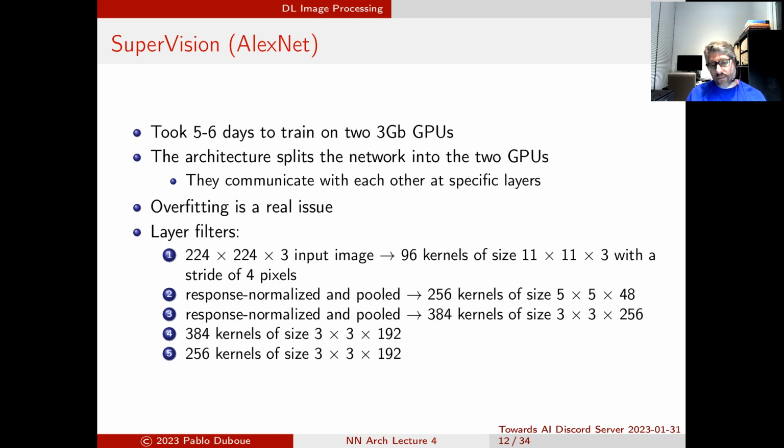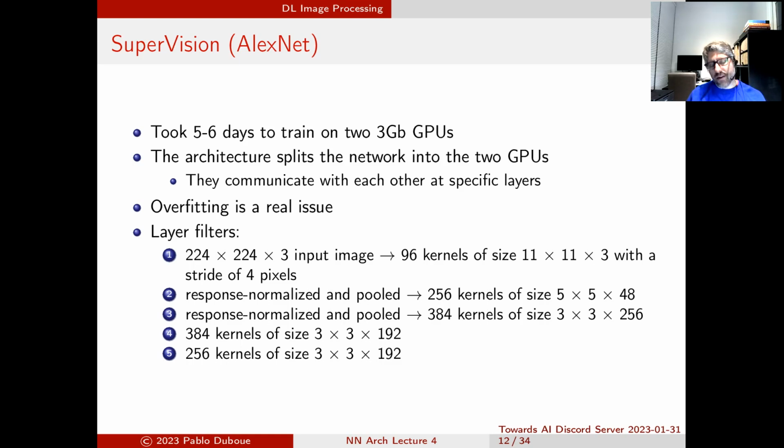So for the different layers, they take a fixed size of the image, and they need a fixed size because at the end they use a fixed fully connected network. That size of the image is 224 by 224 with 3 color channels, and they run kernels of size 11 by 11 with a stride of 4 pixels, which in turn means there are 96 kernel operations over the image.